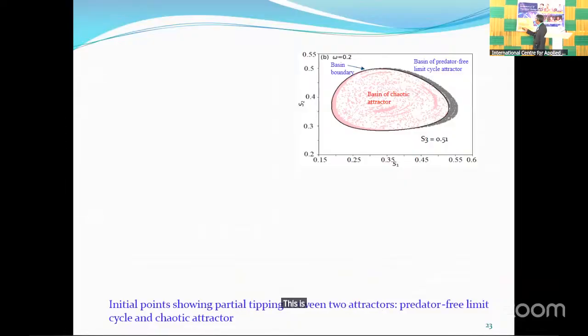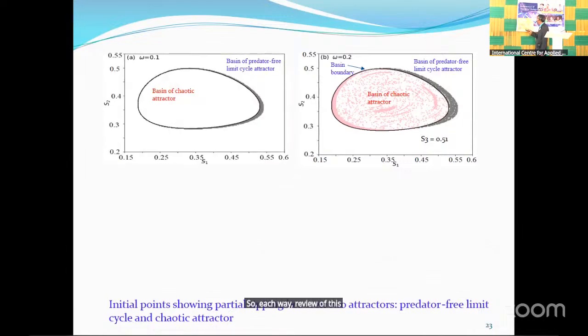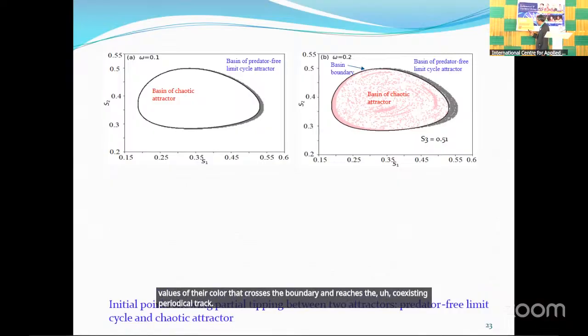This is for frequency omega equal to 0.6. If we remove this frequency, then notice that there is no pink color inside this closed domain, and only a few initial values of gray color cross the boundary and reach the coexisting chaotic attractor.